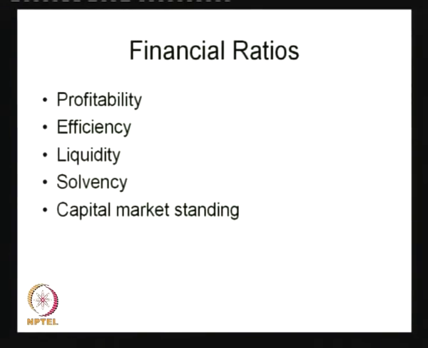Then we have another ratio where we talk about the capital market standing of the company. In this case, unlike the previous four types of ratio where we get the figures from the financial statements like the balance sheet or income statement published by the company, in this type of measurement, that is capital market standing, we take certain figures from the financial statements of the company and also certain figures from the capital market.